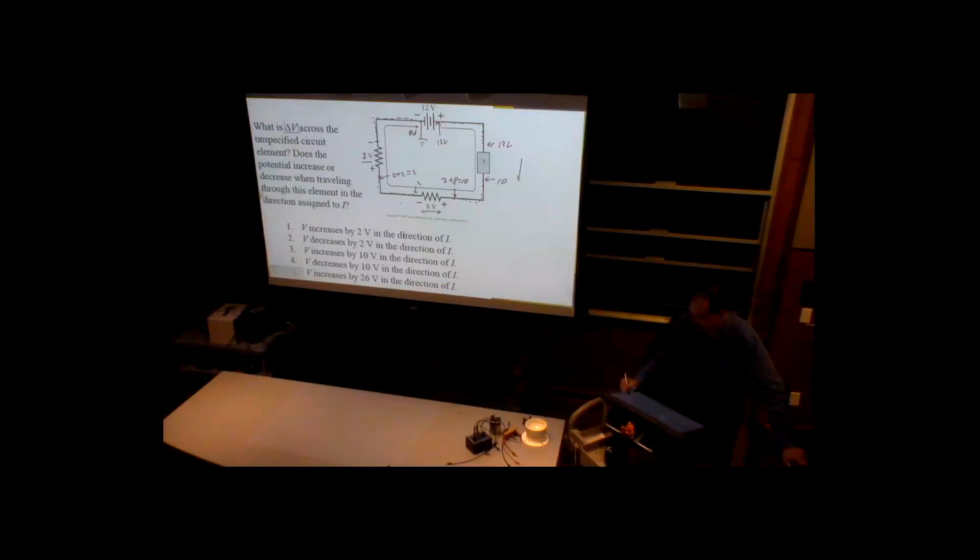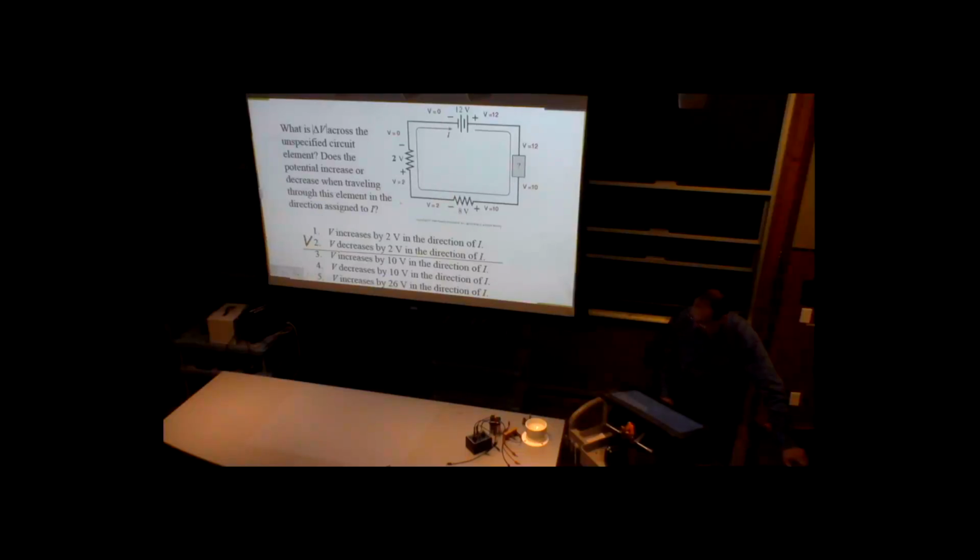So what is the voltage across this resistor supposed to be equal to? Well, that is literally the difference. 12 minus 10, 2. And actually, high, low electric current. We know a rule.